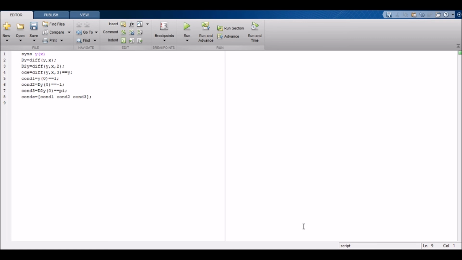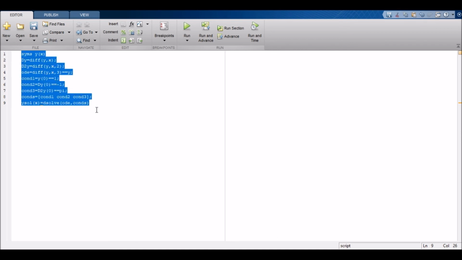Now lastly, we define y solution of x equal to dsolve ODE and conditions. This is the program for example number 5.